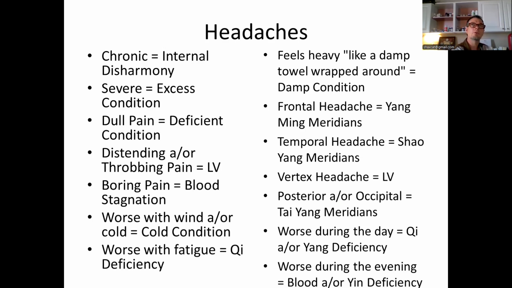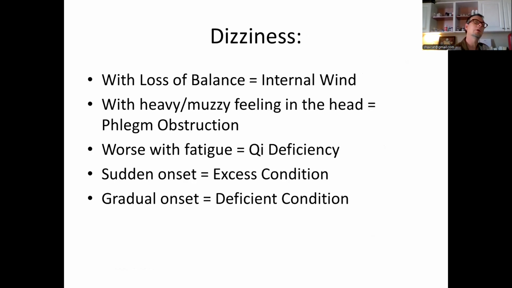If some yin feature is going awry, that can cause these issues. Dizziness with loss of balance, internal wind. That wind's blowing you all over the place, right? You can't keep your balance. And balance involves your muscles, the proprioception of the muscles, so that could have a wind quality.